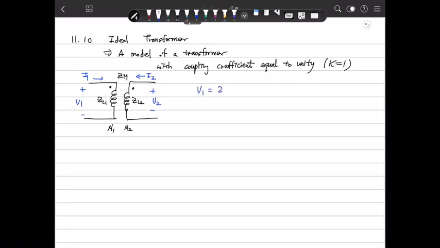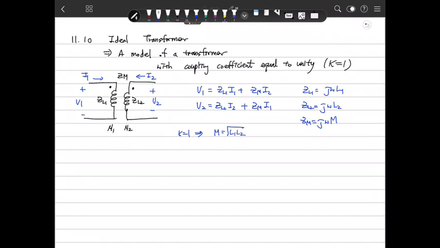So here we get that V1 is jωL1 I1 plus jωM I2, and V2 is jωL2 I2 plus jωM I1. Here jωL1 is j omega L1, jωL2 is j omega L2, and jωM is j omega M. If K is 1, that means M is root of L1 L2.